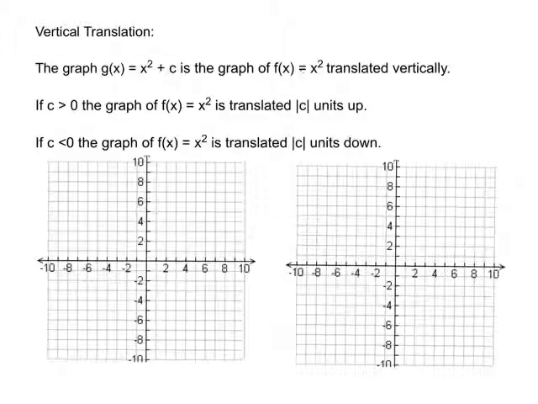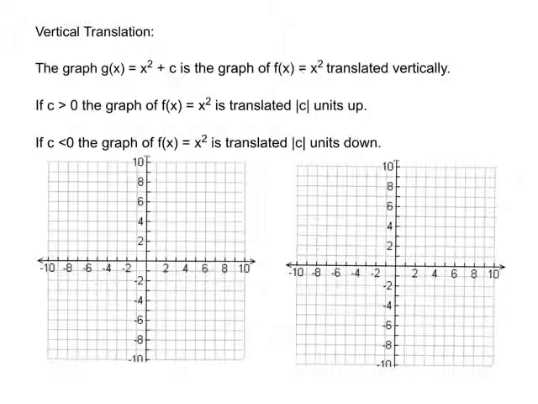So here we're looking at where we're going up or down. So let's take a look at some pictures of what we're talking about when we talk about these vertical translations. If c is greater than 0, the graph of x squared is translated the absolute value of c units up.